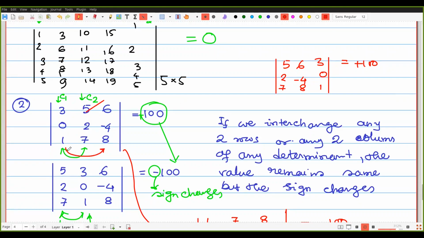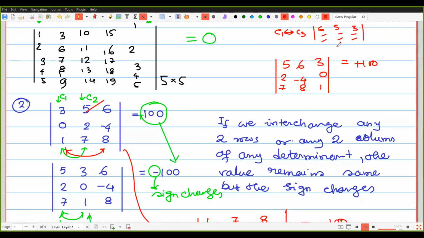Okay, at first we have interchanged column 1 to column 3. So first column 1 to column 3, that means the first row is 6, 5, 3.